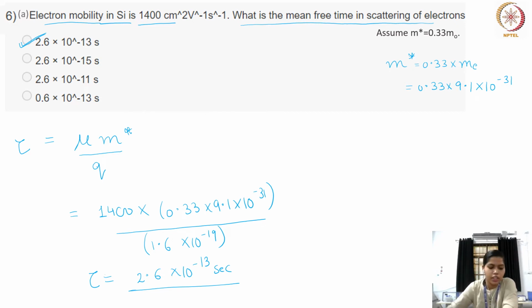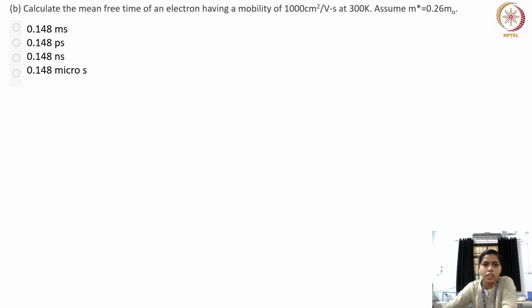Now I have the same type of question for you students. The question asks you to calculate the mean free time of an electron having mobility of 1000 centimeter square per volt second. Temperature is given as 300 Kelvin. And they have also mentioned that m star you can take as 0.26 of the mass of the electron.